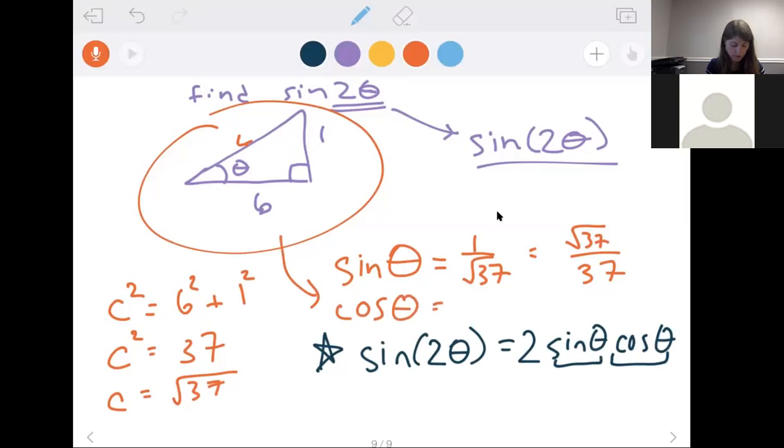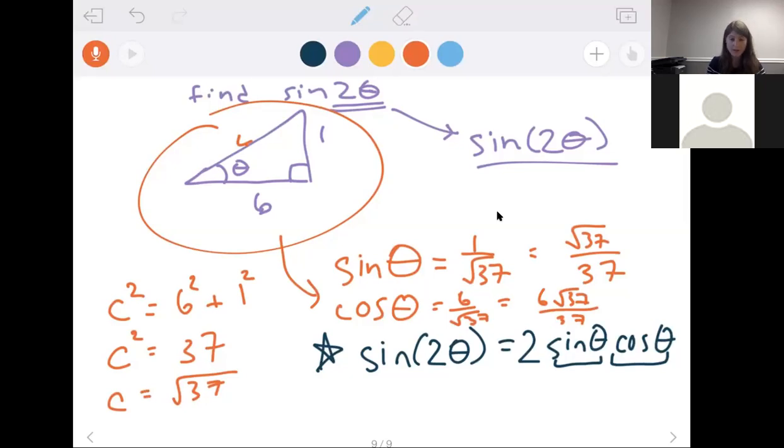The cosine is going to be my adjacent over my hypotenuse, 6 over square root of 37, or 6 square root of 37 over 37. Then I can drop those into the formula and do 2 times their product, which will give me the double angle.